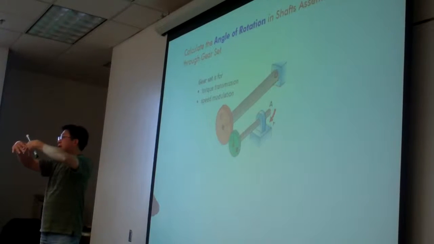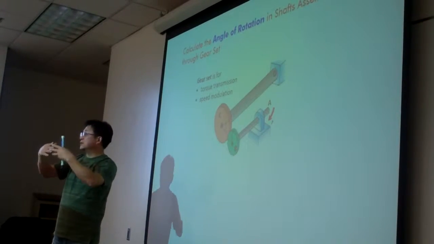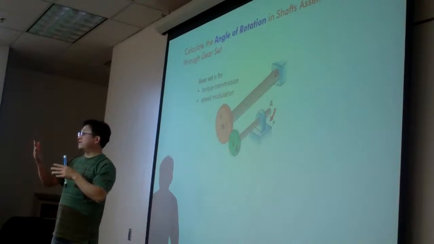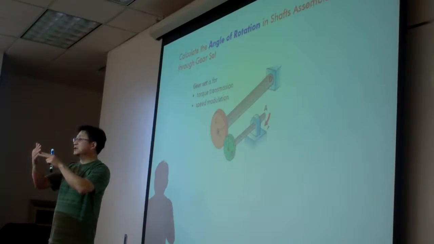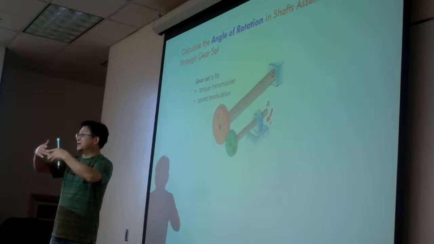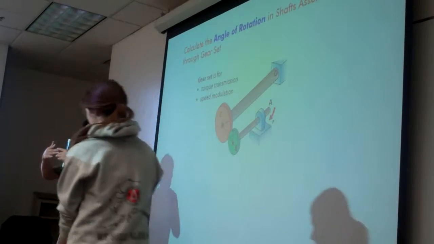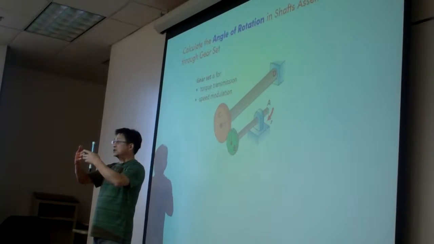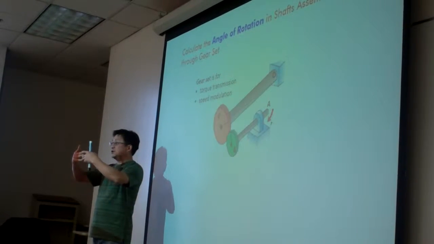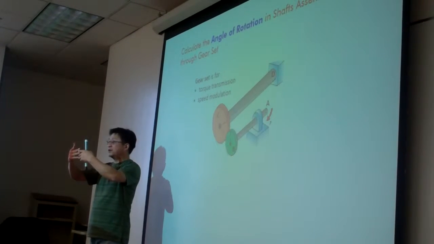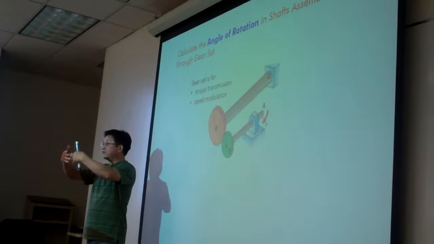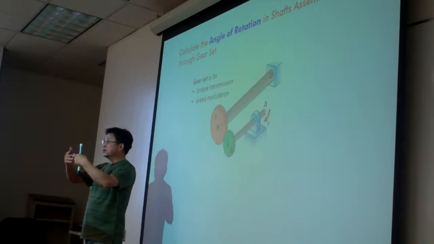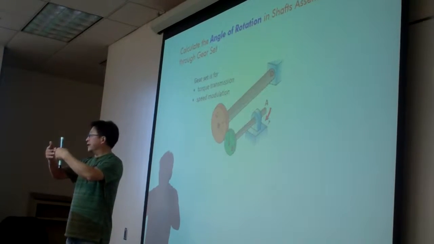The essential part is how to design the profile of the gear teeth to make this happen. A good design is this: once a pair of gears is engaged, you shouldn't hear any noise.